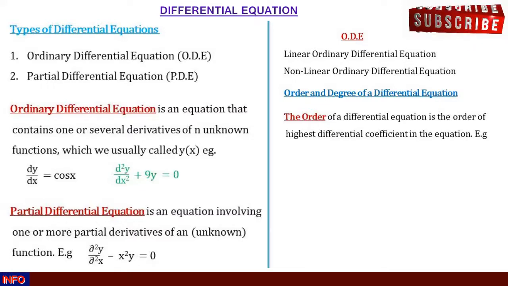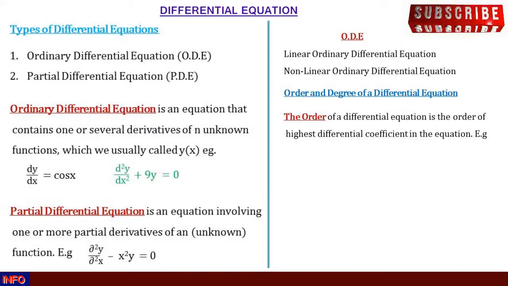That means this one involves second derivatives. We have ones that involve first derivatives. You can have a differential equation with third, fourth, or fifth derivatives. So the highest derivative in that differential equation is what we call the order of that differential equation.